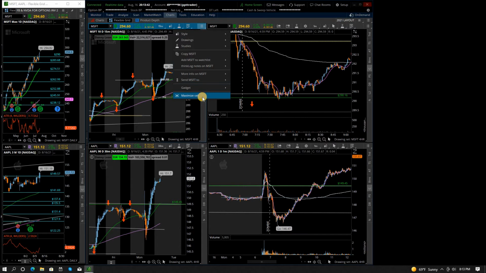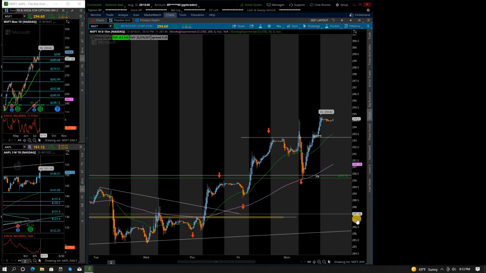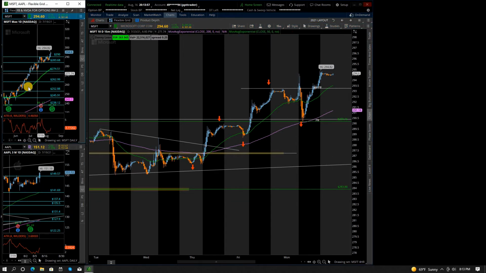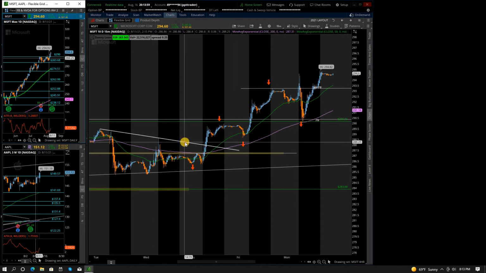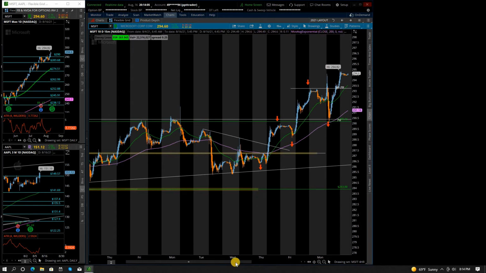for the intraday, like I said, I'm going with the bigger time frame. I'm bullish, I'm going long on, let's say, Microsoft, but that doesn't mean I'm gonna go long on every trade that sets up.